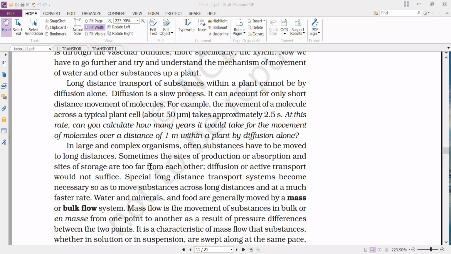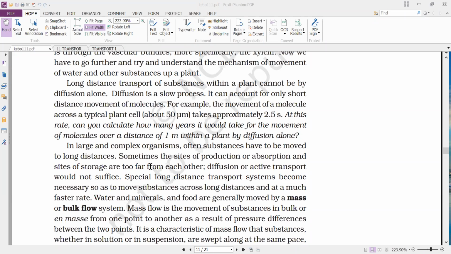Why? Because diffusion through plants is a slow process. It can account for only short distance movement of molecules, because it is a very slow process.